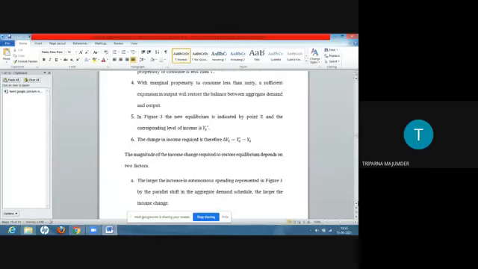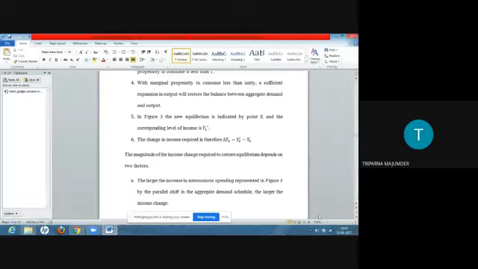The magnitude of income change required to restore equilibrium depends on two factors. One, the larger the increase in autonomous spending, represented in figure 3 by the parallel shift in the demand schedule, the larger will be the income change.